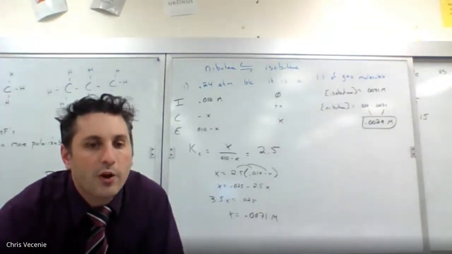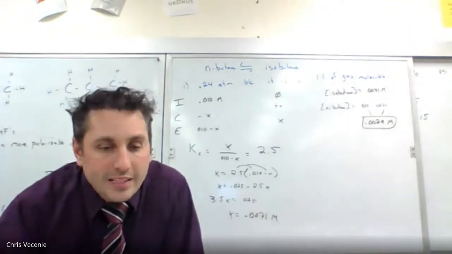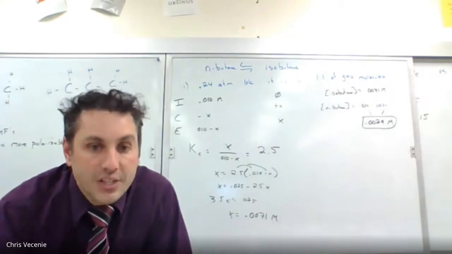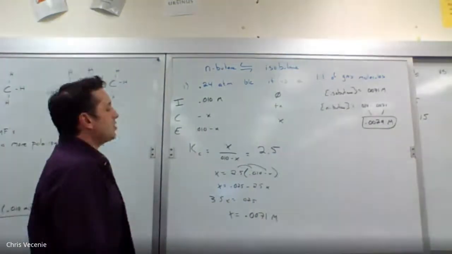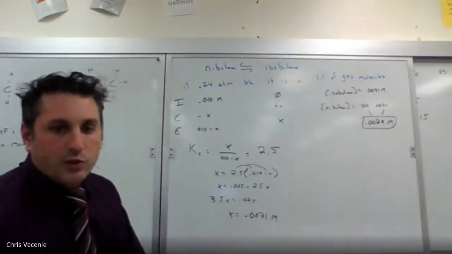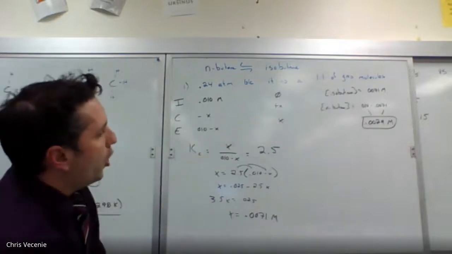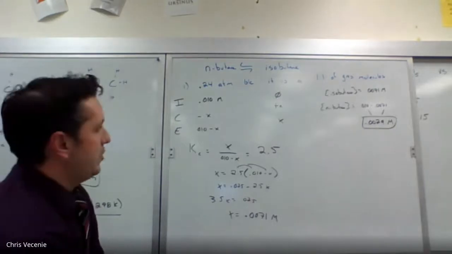All right, so for number 3, like I said, if you cut the volume in half, you're going to double the concentration, and there's going to be no shifting. So what you're going to do is simply take 2 times the 0.0029 that you got there.